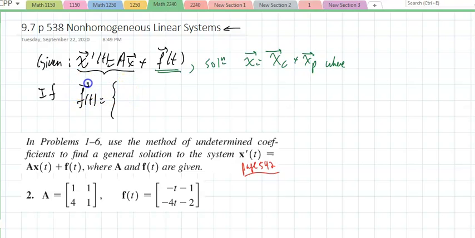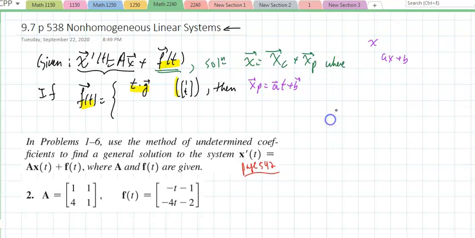If this f of t happened to be some t times a vector, then for an example of that, if you see something like a linear equation, then you would let x particular be At plus B. If you recall, that's like saying if you see x, the general rule is ax plus b, right?